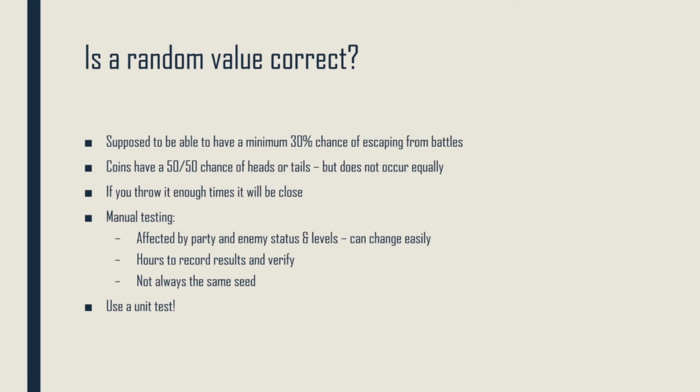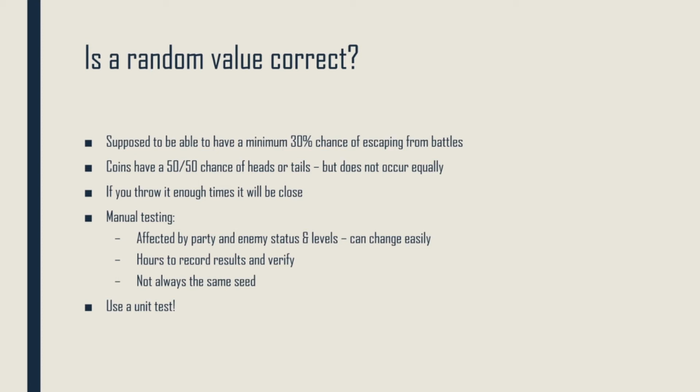This is a more complicated example where I use the unit tests to determine that my randomness calculations are working properly. So Gatela has a 30% chance of escaping from battles at the very least.